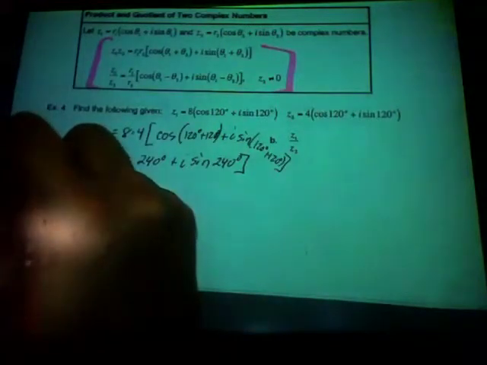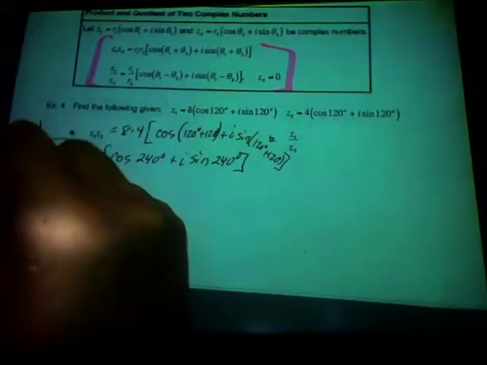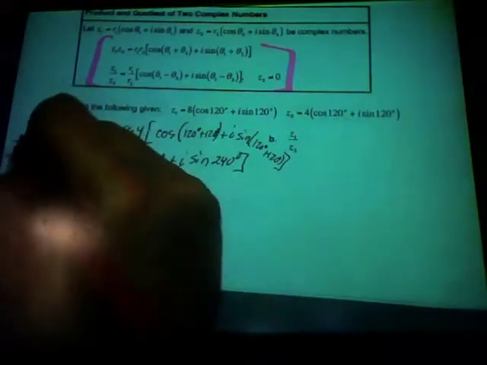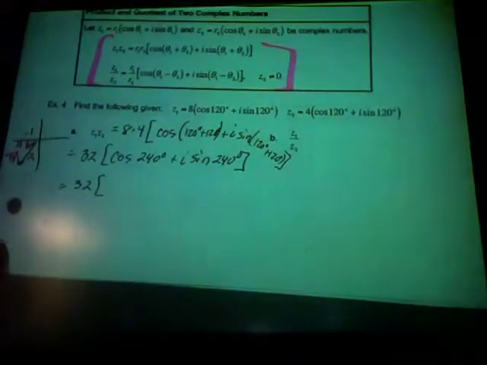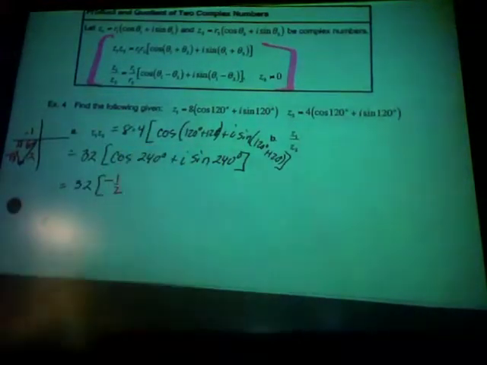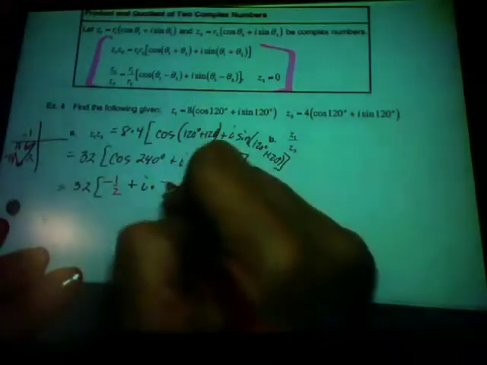So I have a 60-degree reference angle, right? And across from 60 should be negative radical 3. And then over here should be negative 1 and then positive 2, right? So what's my cosine of 240? Negative 1 over 2, so negative 1/2, plus I times, what's the sine of 240? Negative radical 3 over 2.